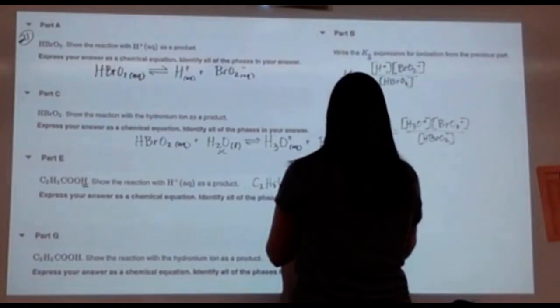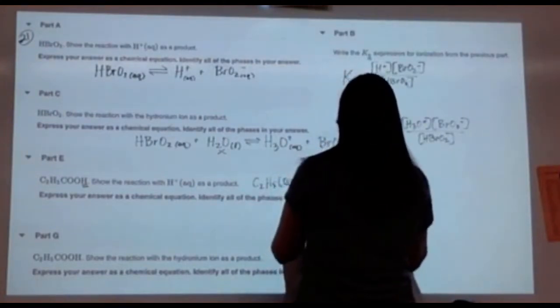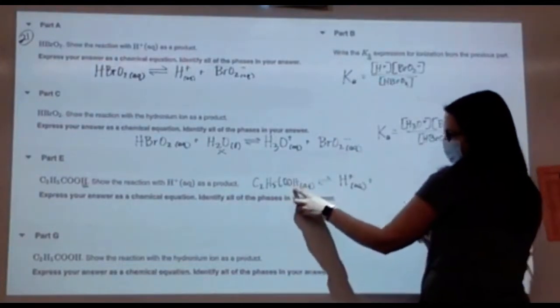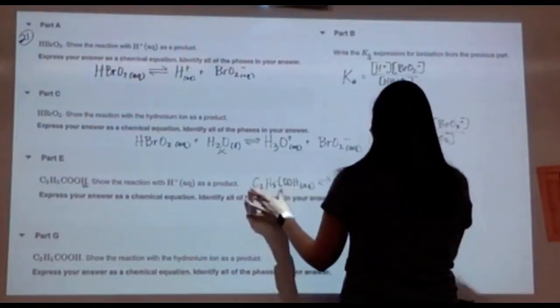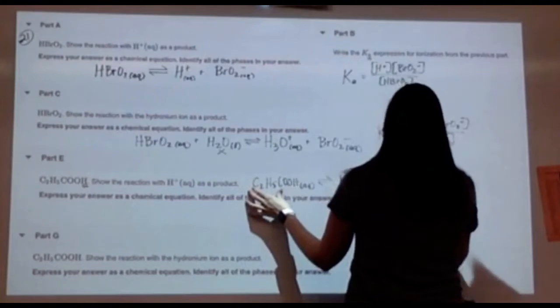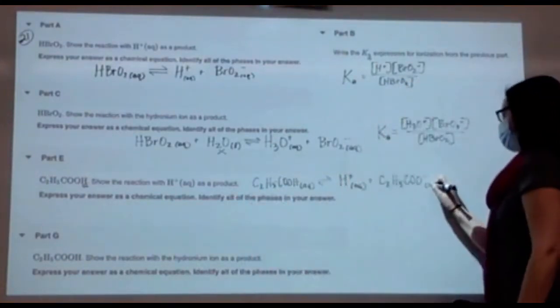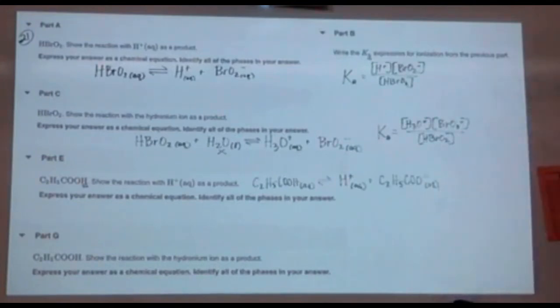So we're going to have H plus. Now when we remove the H plus from this acid, it's going to be C2H5COO minus. We're taking the hydrogen off the end. So we're taking the H plus away from the end.